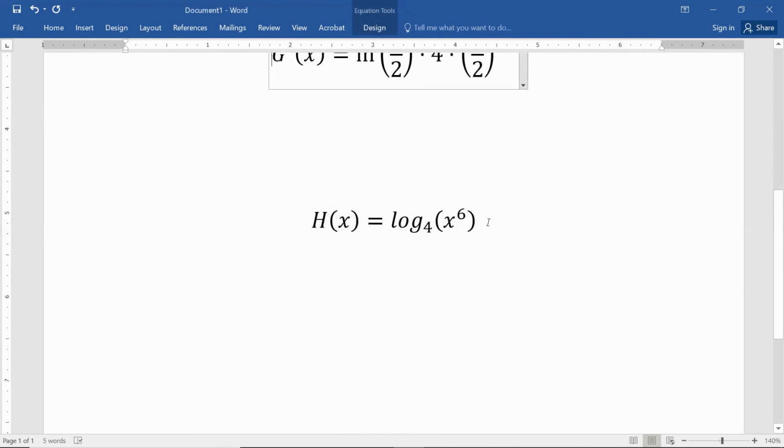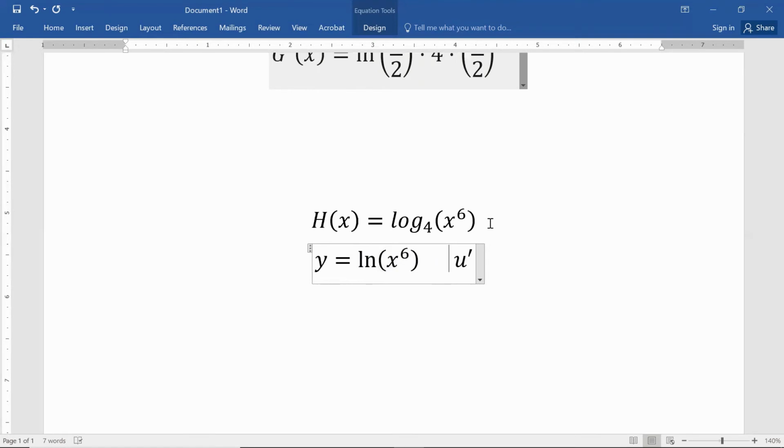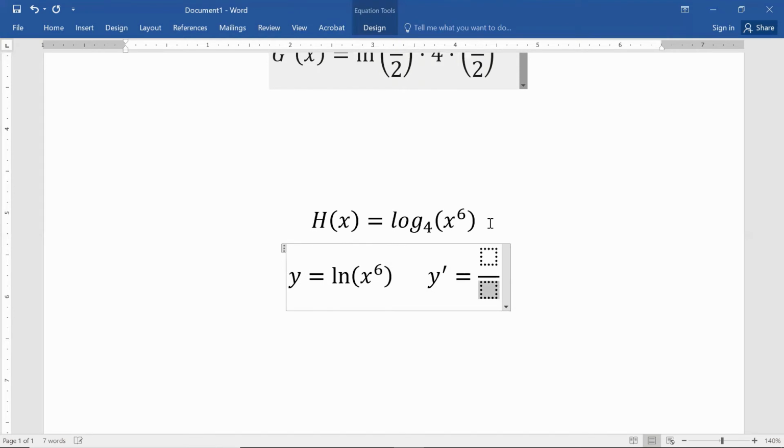Let's take log base 4 of x to the 6th. Well, if we had a natural log of x to the 6th, what I would have done to take the derivative is I would have taken a fraction of 1 over x to the 6th times 6x to the 5th, and then simplified that if I wanted to.